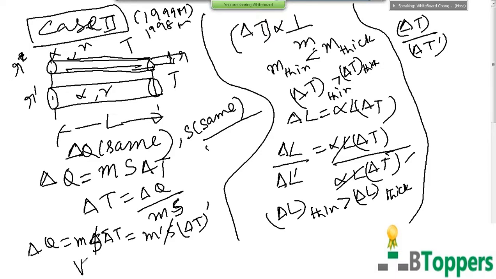Mass of the first rod you can write as volume of the first rod into density of the material of the first rod. Mass of the second rod is the volume of the second rod into density of the material of the second rod. And both the rods are initially at the same temperature and they are made up of the same material. Therefore, density is the same for both the rods at the initial temperature.